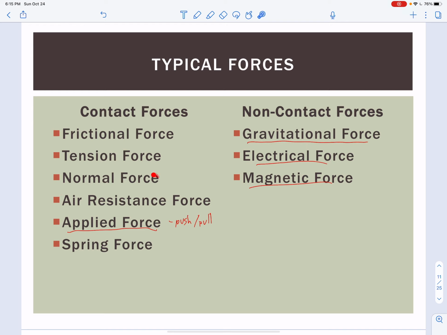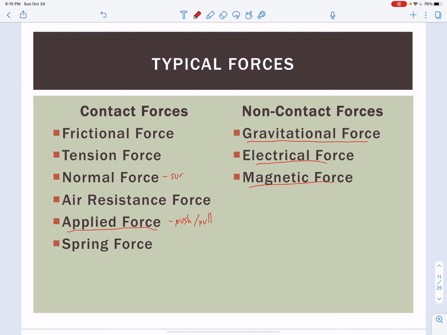Normal force is a special one. This is the one that surfaces give when you push against them. So, for instance, if you put your hand on the table, it is going to push back up on your hand with a certain amount of force. Otherwise, your hand would go flying through the table. And so we call that the normal force.